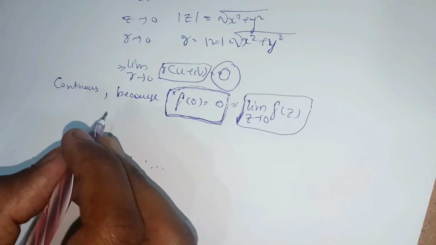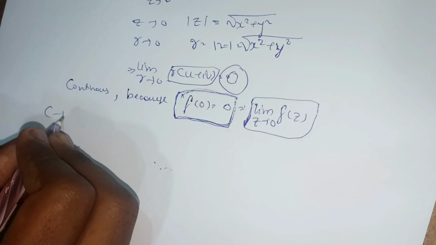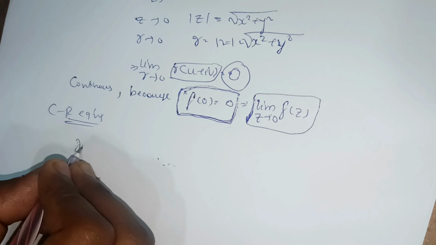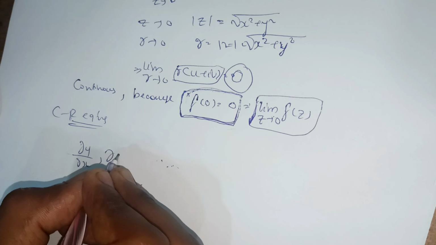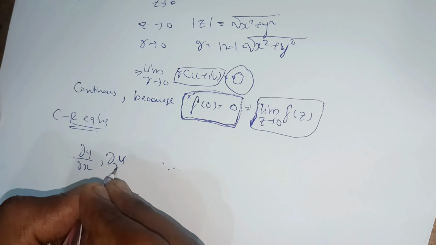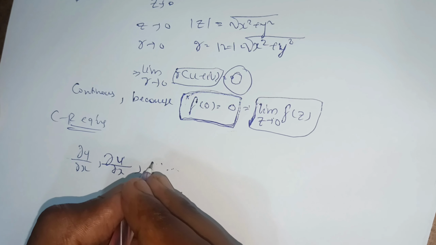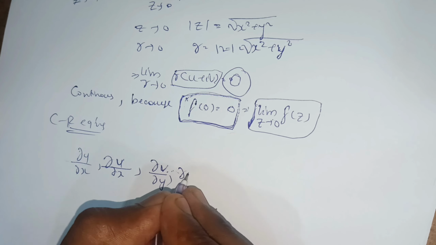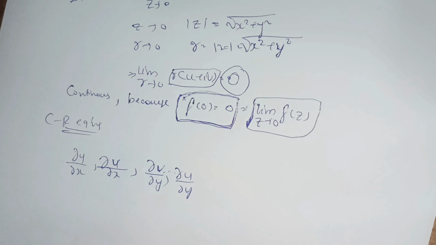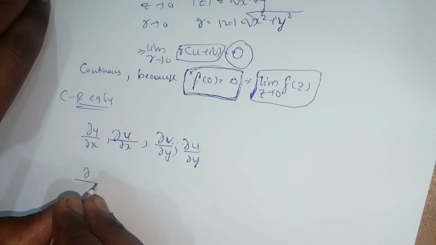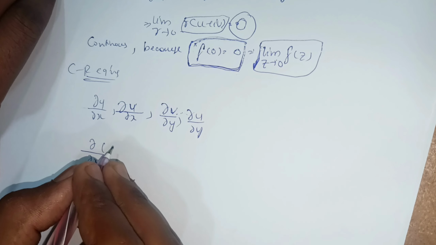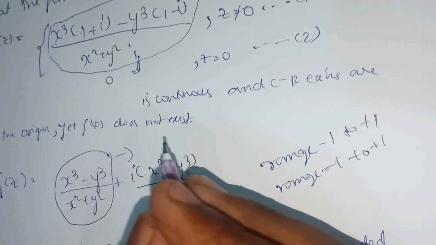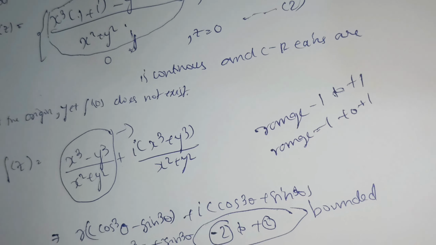Next, we're going to find the CR equations. The CR equations are dou u by dou x, dou v by dou x, dou v by dou y, dou u by dou y. So we're going to find them now. Dou by dou x of u. This is the u. Substitute at the real axis.